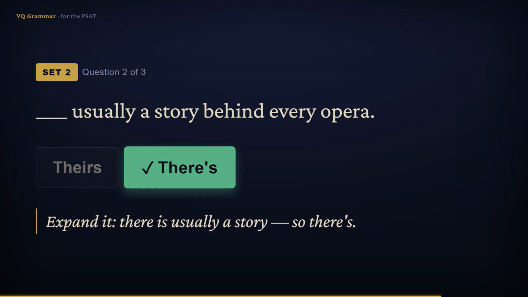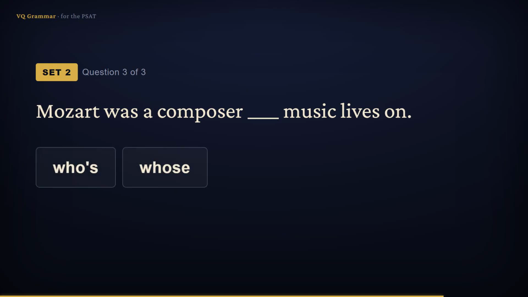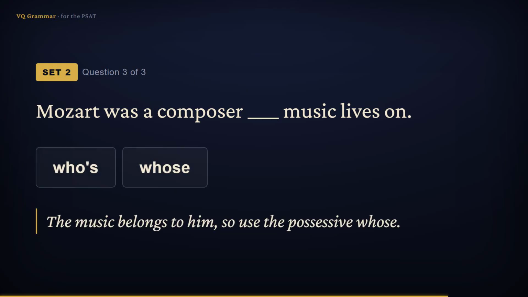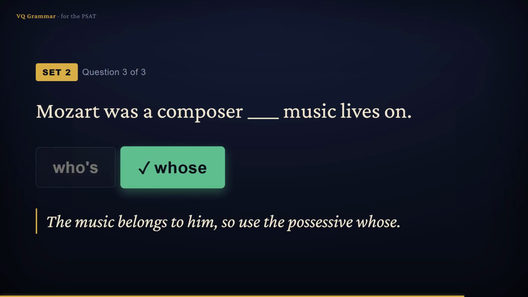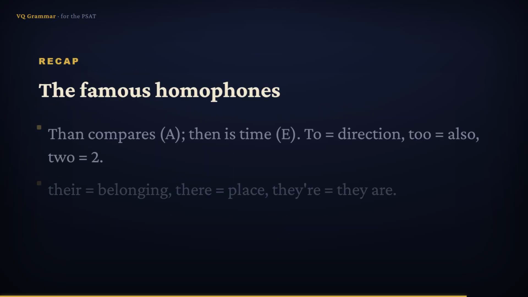So the answer is there's. Mozart was a composer. Blank music lives on. Try expanding. Who is music lives on makes no sense. The music belongs to him, so we need the possessive, whose, with no apostrophe. So the answer is whose.